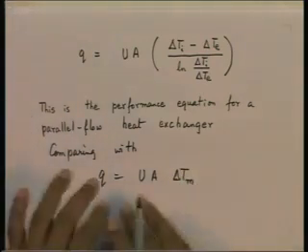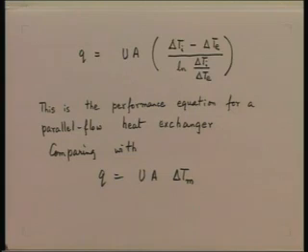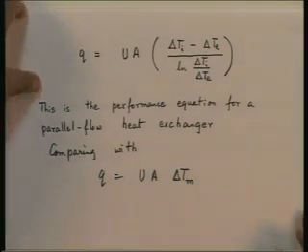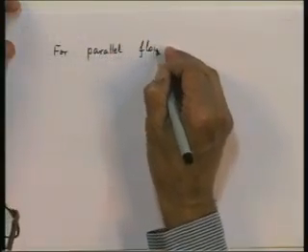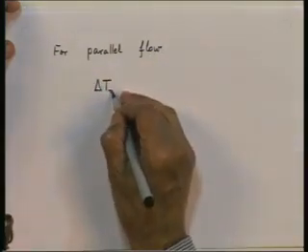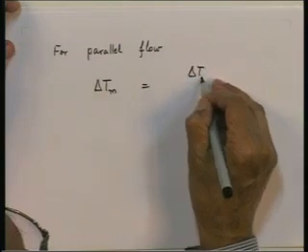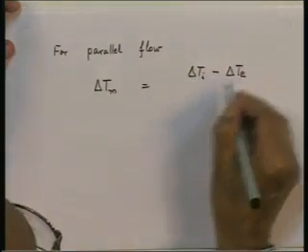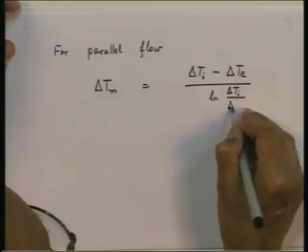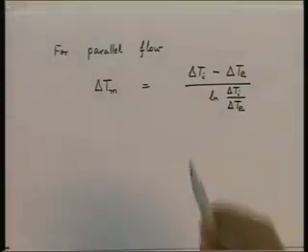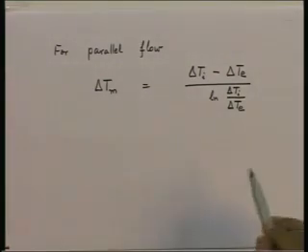This is our general equation for any direct transfer type heat exchanger, then you can see for parallel flow, comparing with this, delta T m is equal to delta T I minus delta T e divided by logarithm to the base e delta T I by delta T e, and delta T I is T h I minus T c I, delta T e is T h e minus T c e.